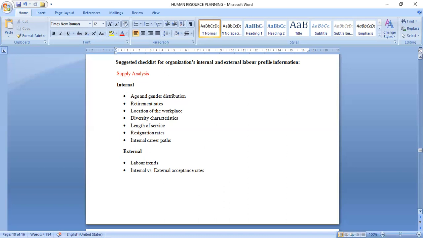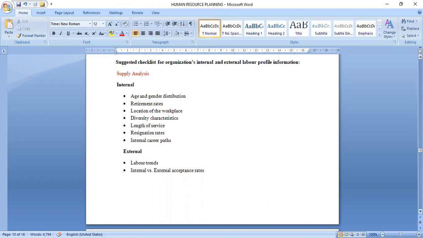Then resignation rates. With the supply analysis, here now you're looking at the resignation rates. For example, it may be that the people within the organization are currently over-resigning, and you should ask yourself as an organization, as human resource personnel, why are people resigning?